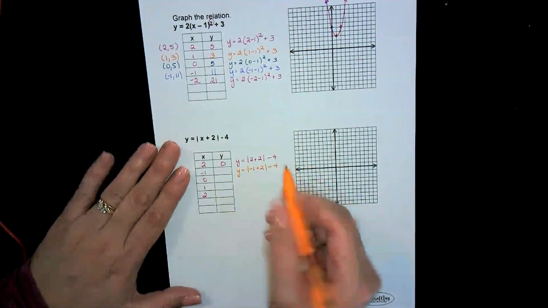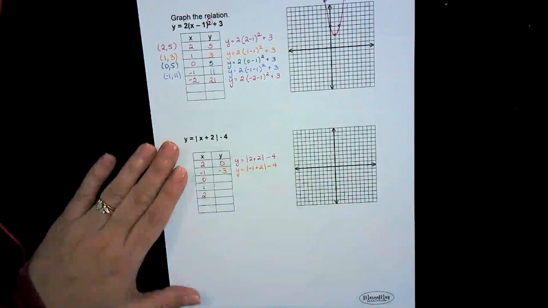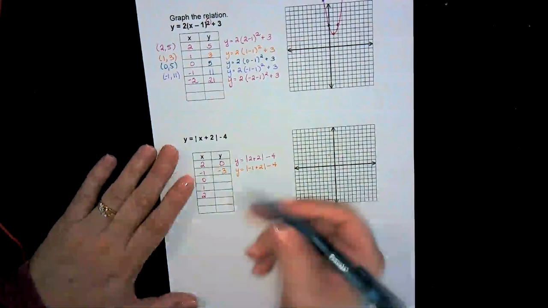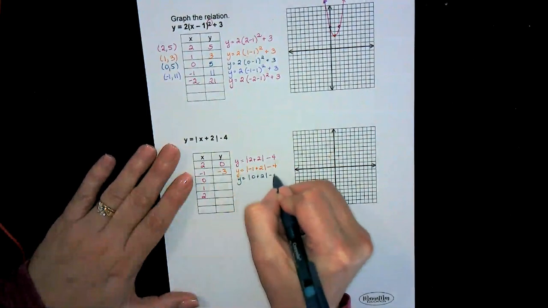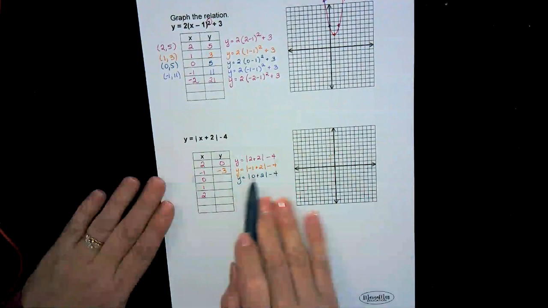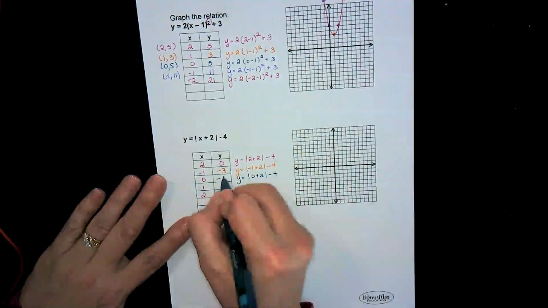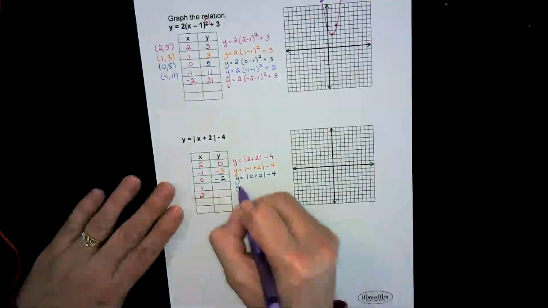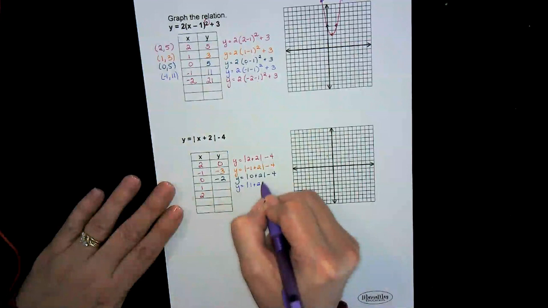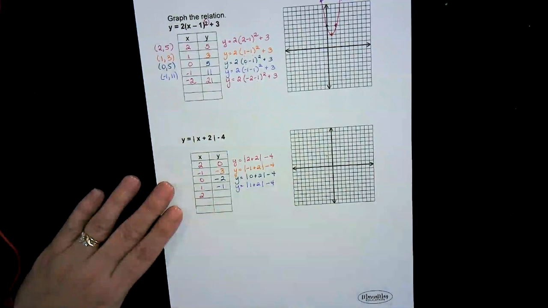Absolute value would be 1 minus 4 be negative 3. Then I have 0. So I've got absolute value of 0 plus 2. So that's 2. Absolute value of 2 is 2 minus 4, negative 2. Then I've got 1. So we'll do absolute value of 1 plus 2, which is 3. 3 minus 4 is negative 1.